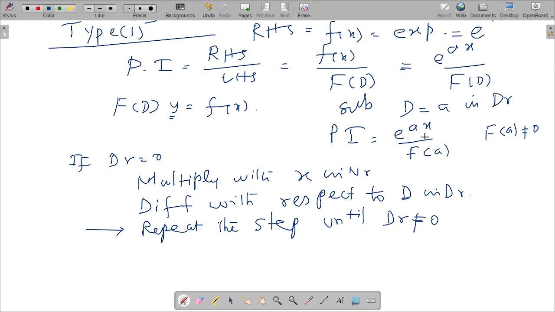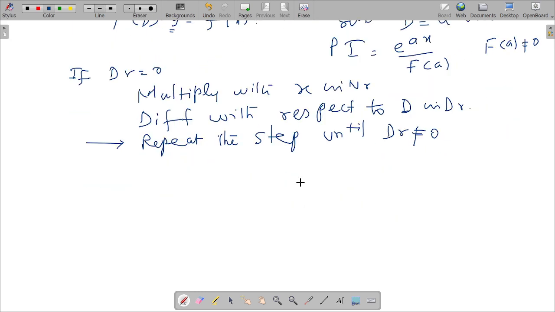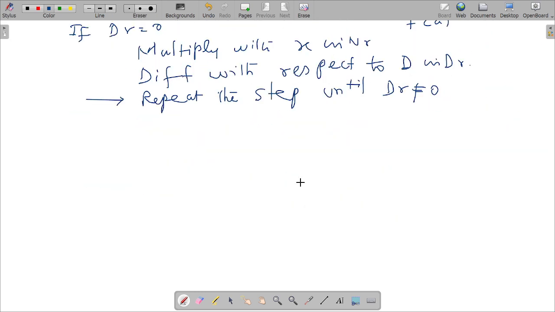So after substituting, multiply with x in the numerator and differentiate with respect to D in the denominator, once again substitute D equal to a in the denominator. If the denominator is not equal to 0, it is okay, but if the denominator is 0, once again you have to multiply with x in the numerator and differentiate with respect to D in the denominator. Okay, so based on the exponential, we will solve only one problem.